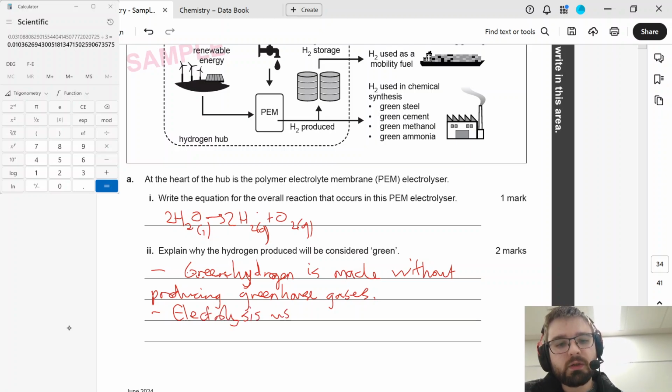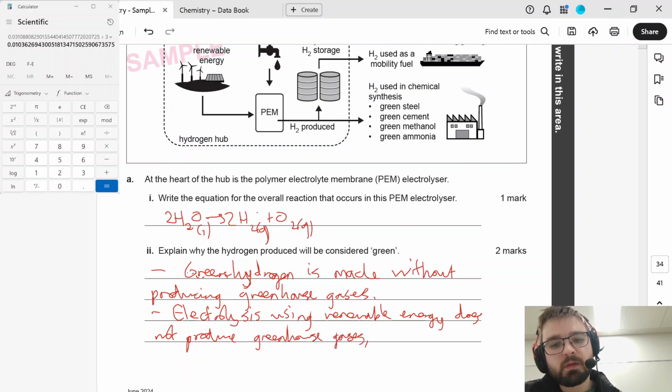Electrolysis using renewable energy does not produce greenhouse gases. So this process, this H2 is green.